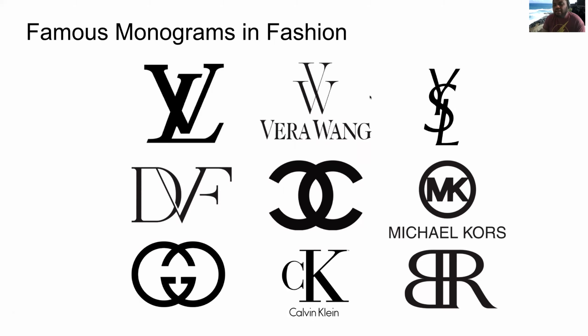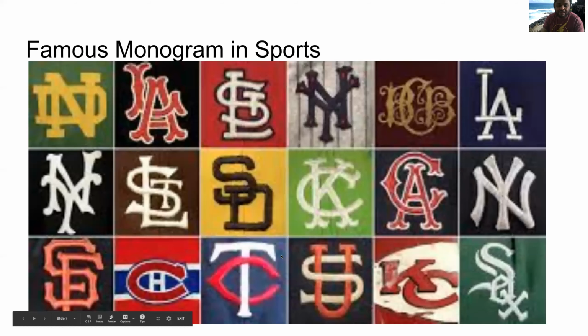Vera Wang, historically famous. And then there's all these different brands, and some of them you may not even know. Some are really simple. Look at the Michael Kors logo, where the M and the K are just combined by one line, and that's it. So sometimes the logo is simple, sometimes it's a little bit more complicated.